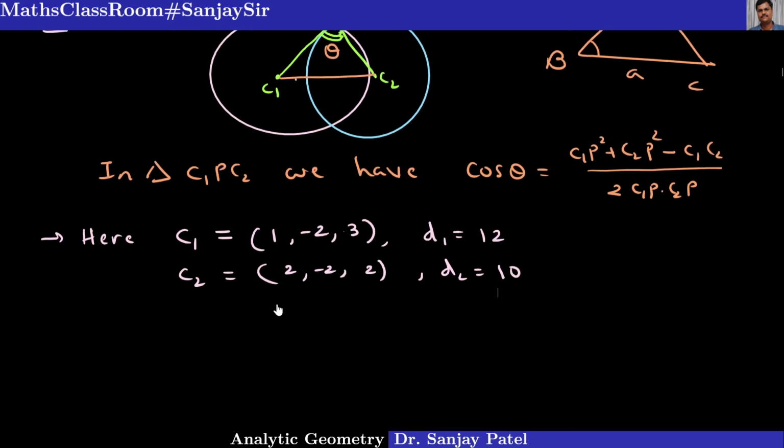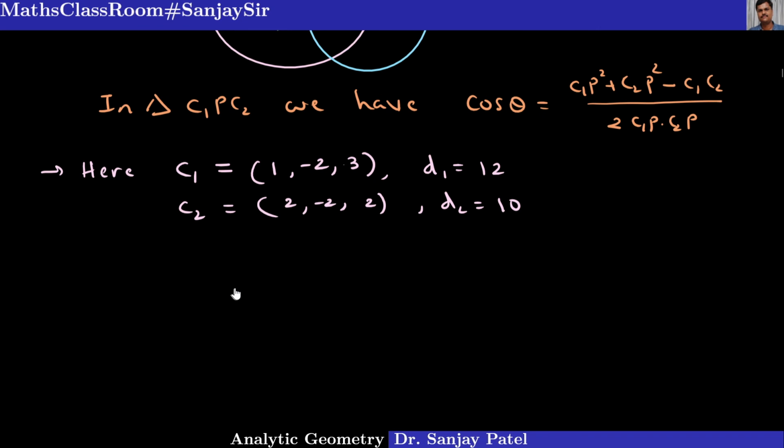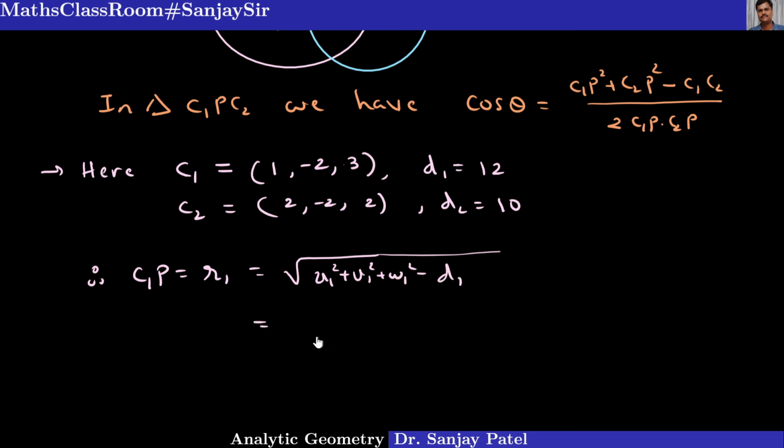Using this we can find the radius. So the radius C1P, that is R1, is equal to square root of u1 square plus v1 square plus w1 square minus d1. So this is your u1, v1, w1; whether it is minus u1 doesn't make any difference because that is a square.